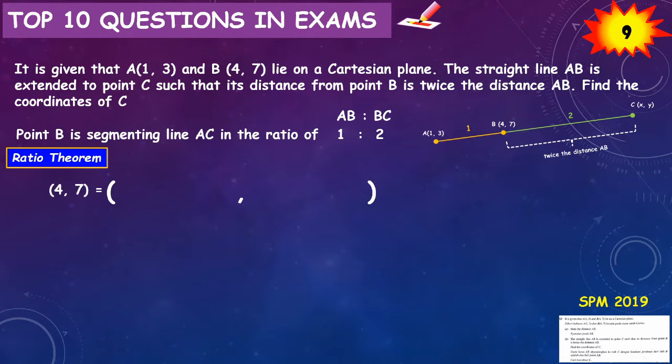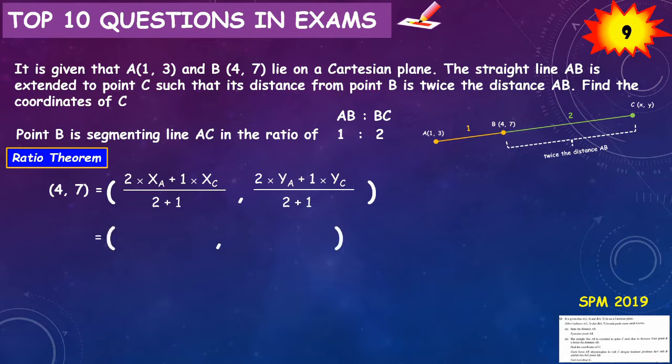Using the ratio theorem, which is 2 multiplied by the x of A plus 1 multiplied by the x of C, divided by 2 plus 1 for the coordinate of x, and 2 multiplied by the y of A plus 1 multiplied by the y of C, divided by 2 plus 1 for the coordinate of y.